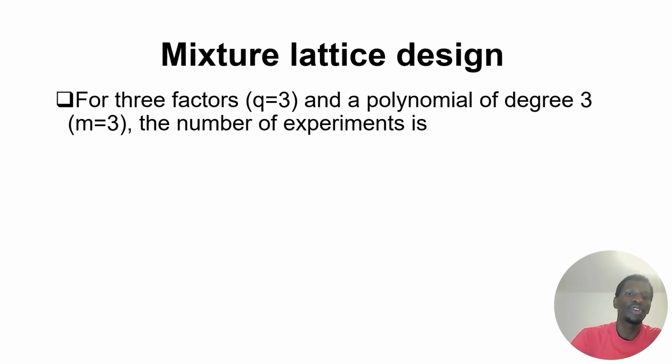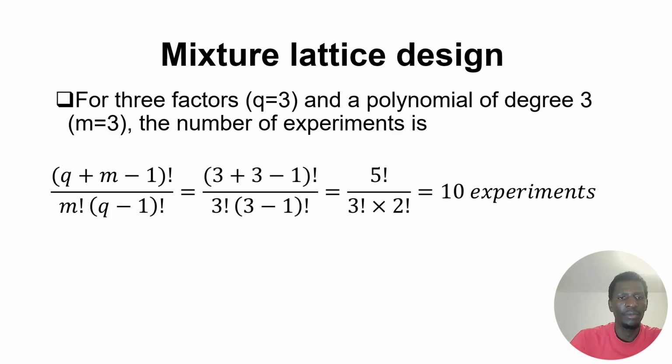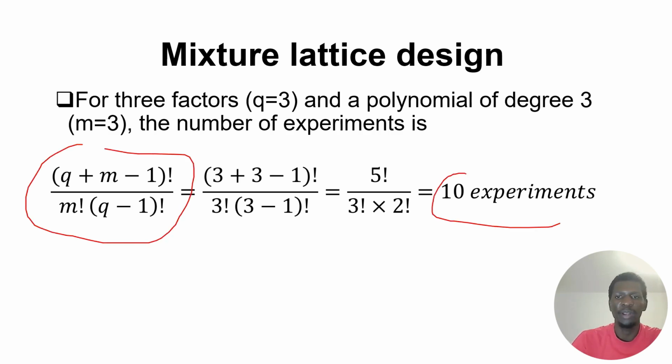So in this case, q will be equal to 3 and m will be equal to 3. The number of experiments you will need to conduct in this design to actually study the effect of these raw materials on the overall quality will be equal to 10 if you substitute for q and m in this equation. You are going to end up with 10 experiments.